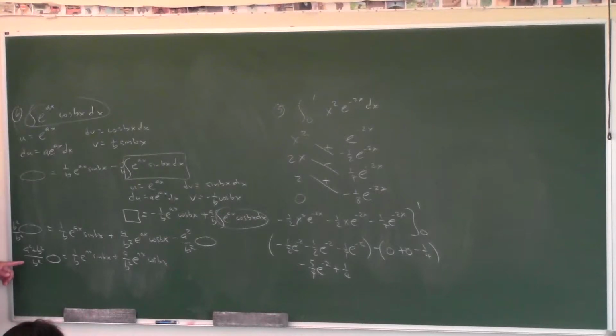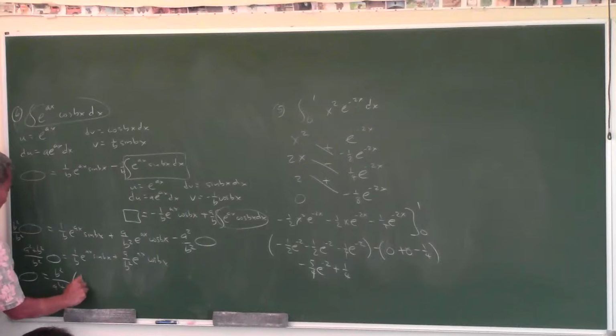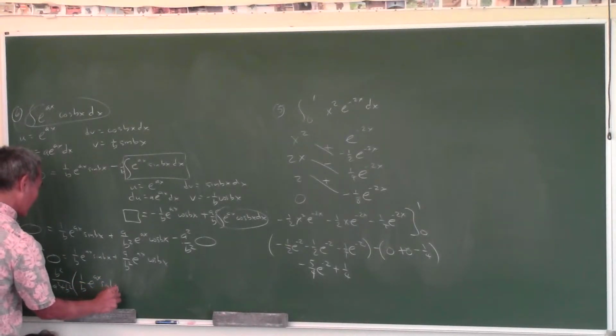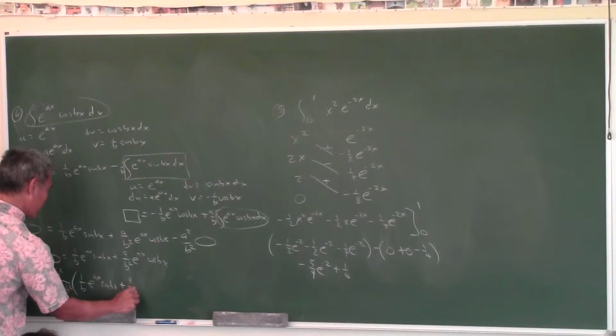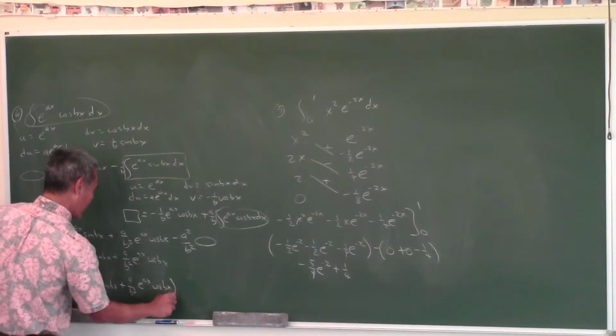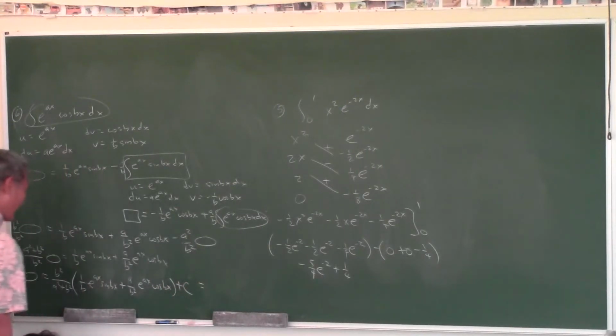Now all you have to do is multiply both sides by the reciprocal of that. So oval is equal to b squared over a squared plus b squared times 1 over b e to the ax sine bx plus a over b squared e to the ax cosine bx, and don't forget to put the plus c.